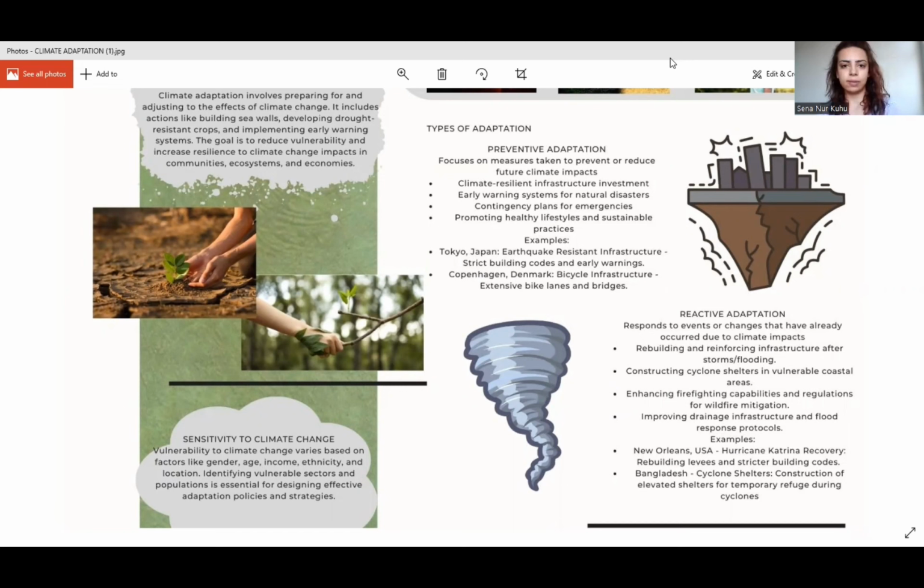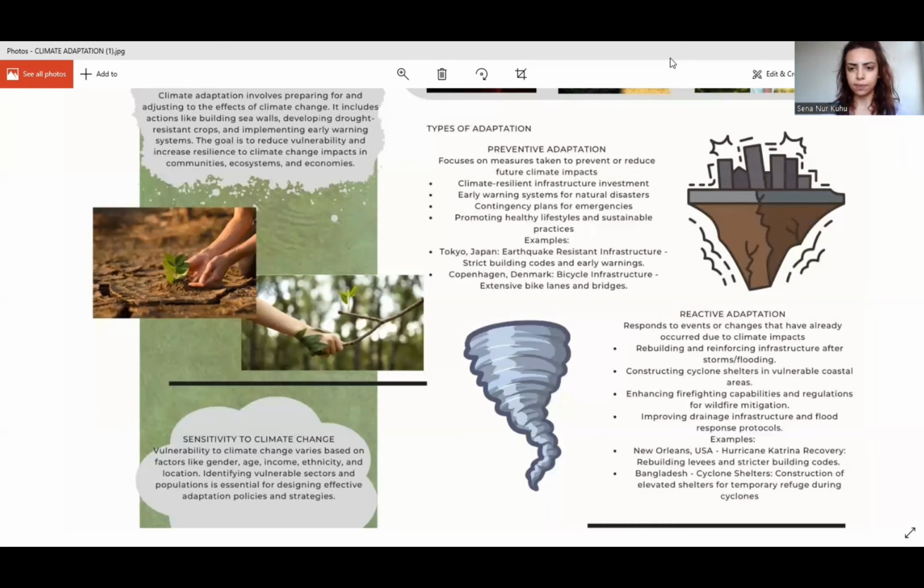And some examples: Tokyo, Japan, earthquake-resistant infrastructure, strict building codes and early warnings, and Copenhagen, Denmark, bicycle infrastructure, extensive bike lanes and rides.